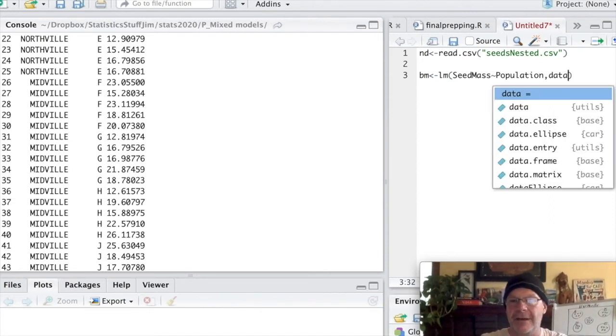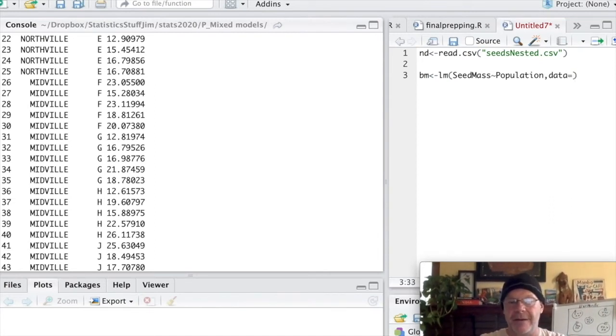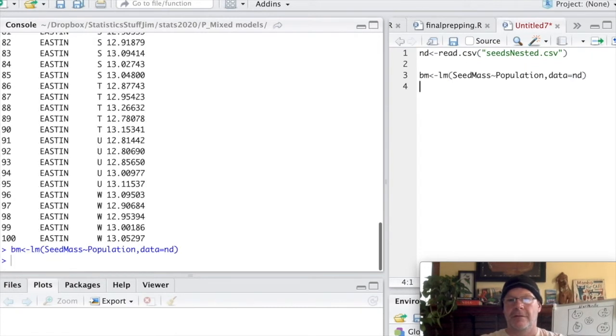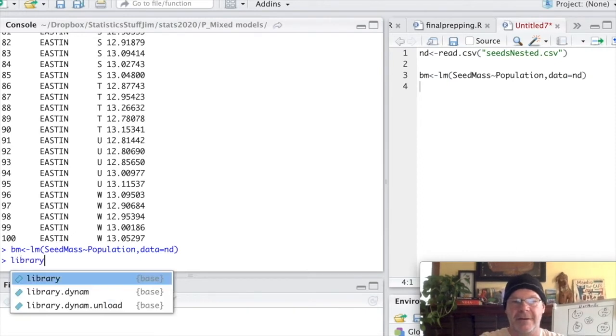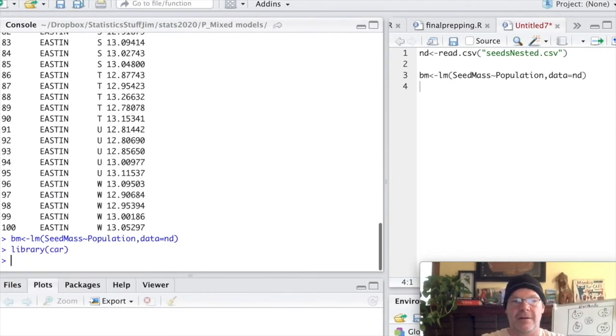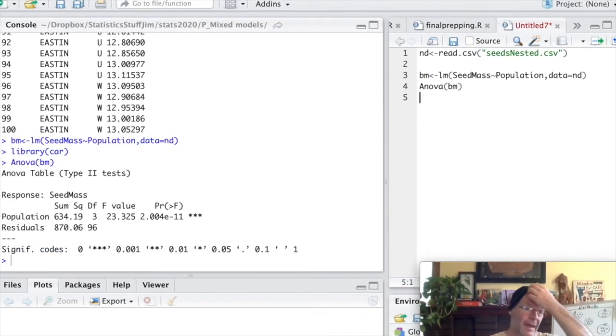And then the data equals my ND there. So I go ahead and run that. Now let's load in that car package. Library car. Okay, and let's do an ANOVA on my bad model. And what do we have here?